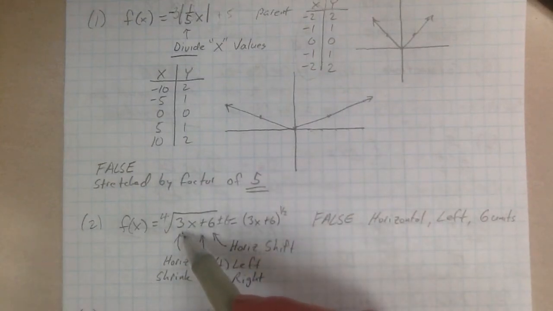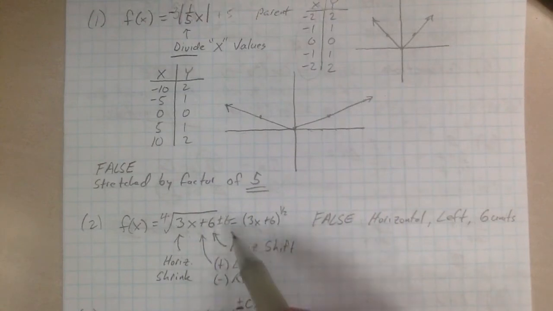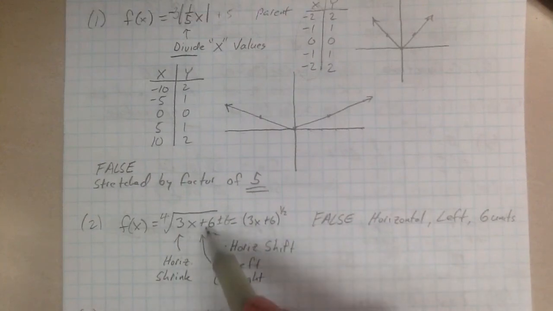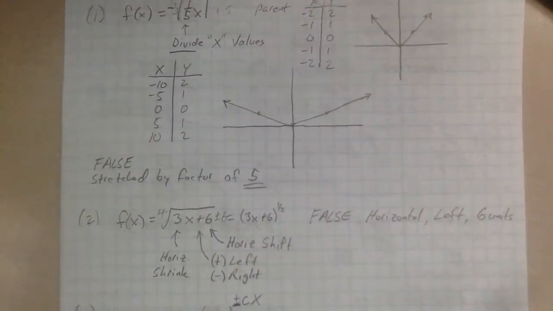What am I going to do? I'm going to divide all of my x values of my parent function by 3, so that's going to give it a horizontal shrink. And this 6 is going to give it a horizontal shift. I'm going to add this 6 to my x values after I divide all my x values by 3. If it is positive, it'll shift left; if it's negative, it will shift right.